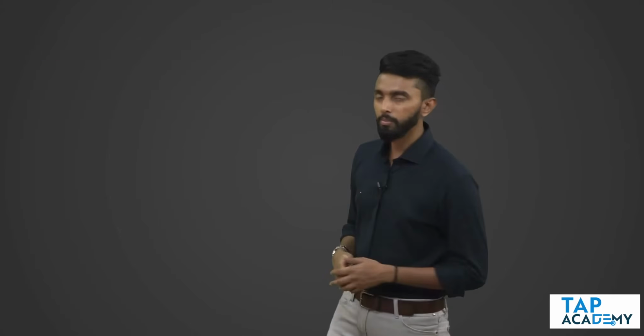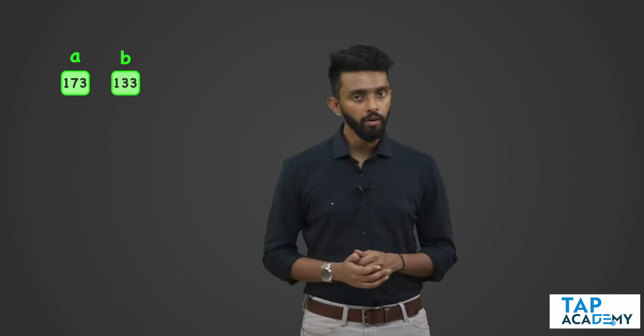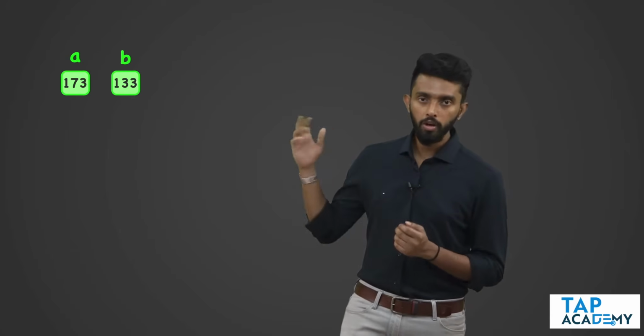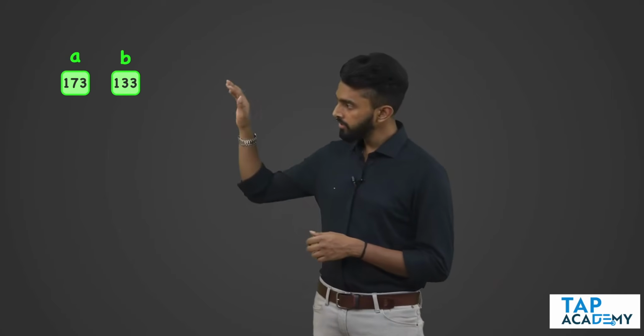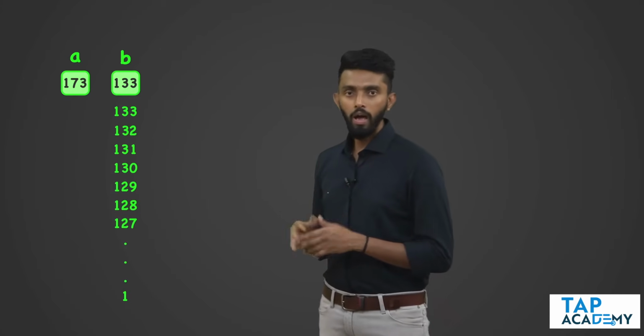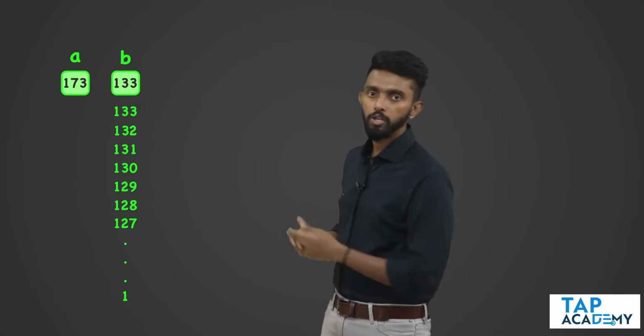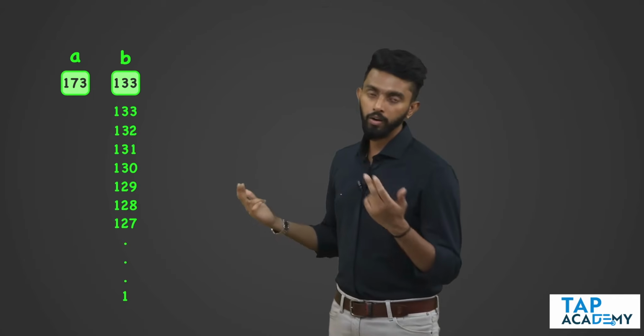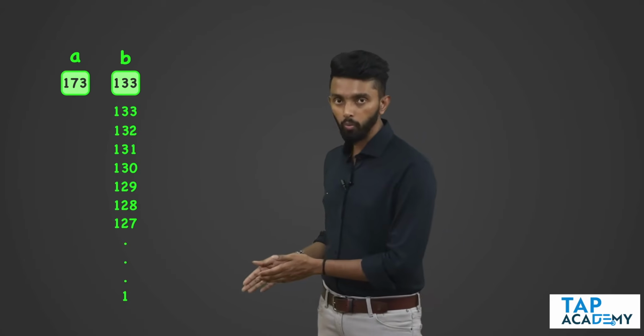Now the previous brute force approach that we wrote is definitely not efficient. For example, if the two numbers were 173 and 133, naturally the smaller number is 133, and hence you will have to iterate from 133 all the way till 1. And you know there is no common divisor between 133 and 173, which means you will go till 1, right?